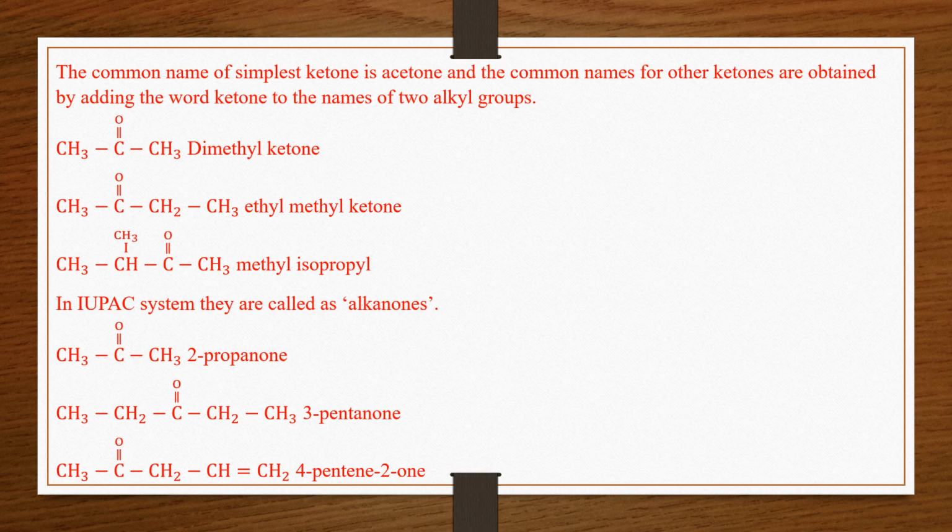Okay. In the IUPAC system, they are called alkanones, and the common names of ketones are obtained by adding the word ketone to the names of two alkyl groups or two aryl groups or one alkyl and one aryl group. Okay.